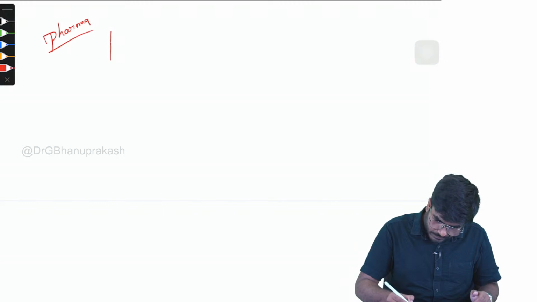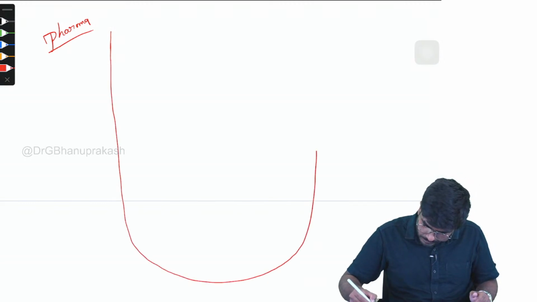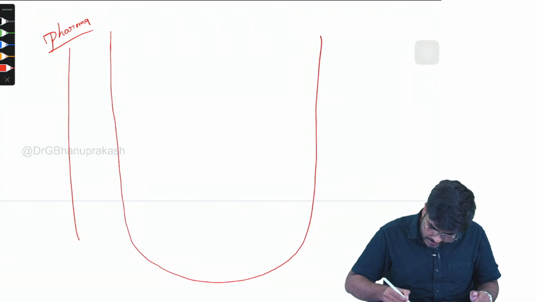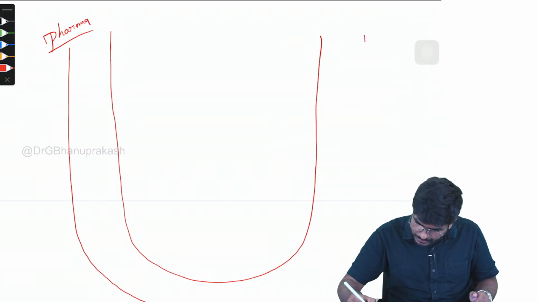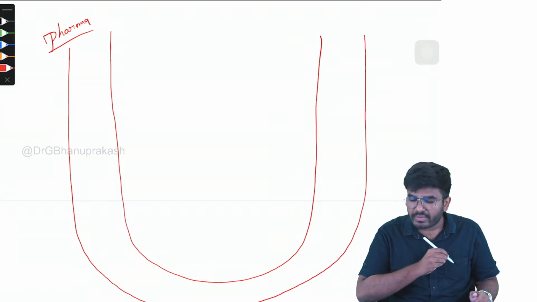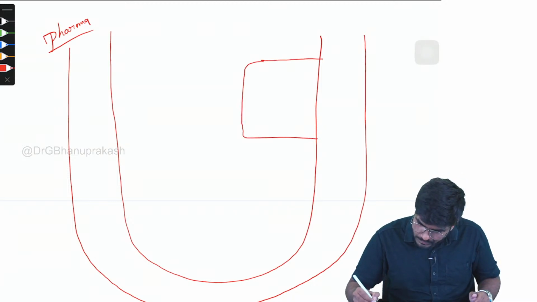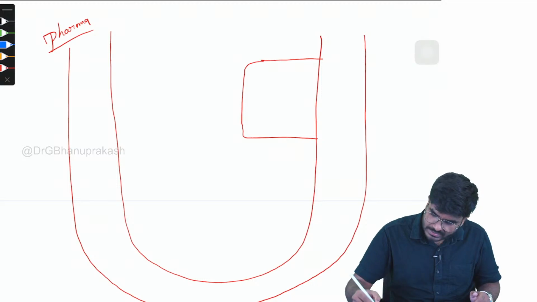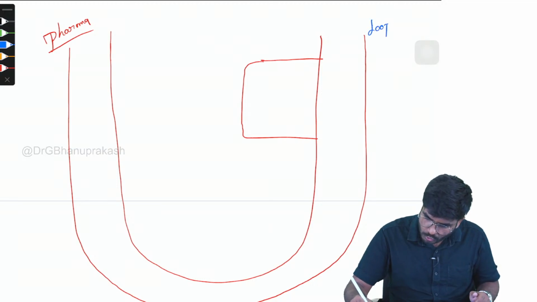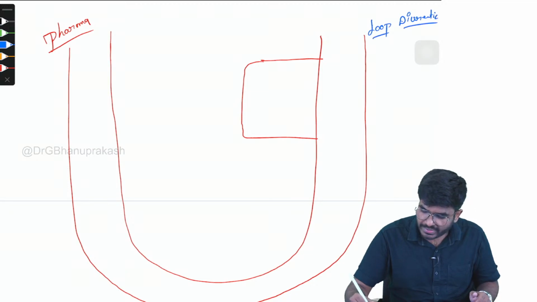See, again I am drawing the descending limb of loop of Henle and the ascending limb of loop of Henle. The drug which I am using in this condition is a loop diuretic. Example is furosemide.